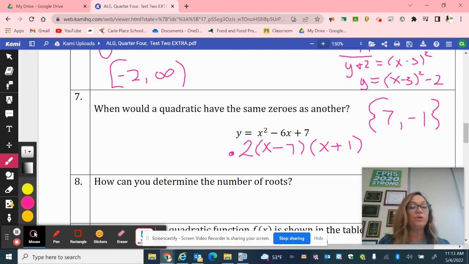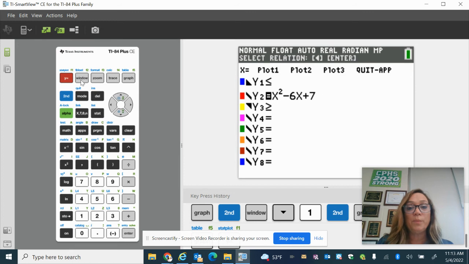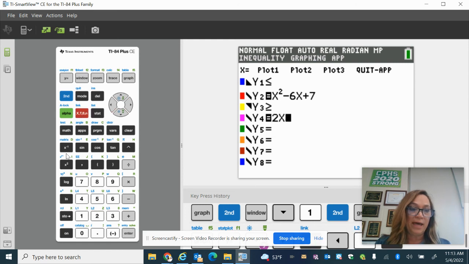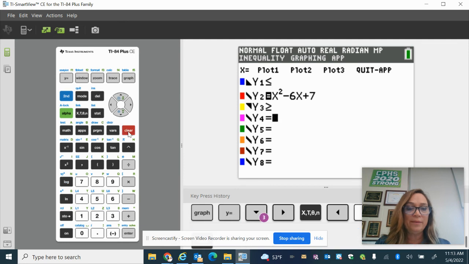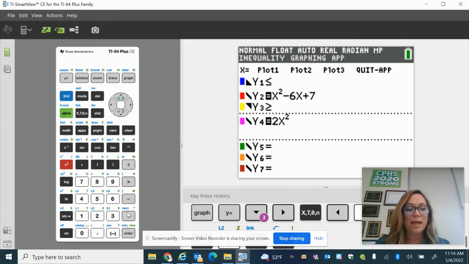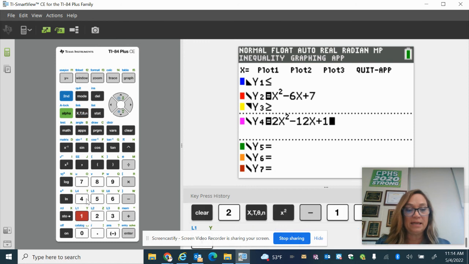And you can also look at that on the graphing calculator, once again, my friend. So let's just say I have this, okay? If I was to dilate it, that would mean that I multiply everything by 2, 3, 4, whatever number I choose. So I'm going to multiply everything by 2. 2x squared, wow, I didn't mean to hit log. 2x squared minus 12, because 6 times 2 is 12, plus 14.